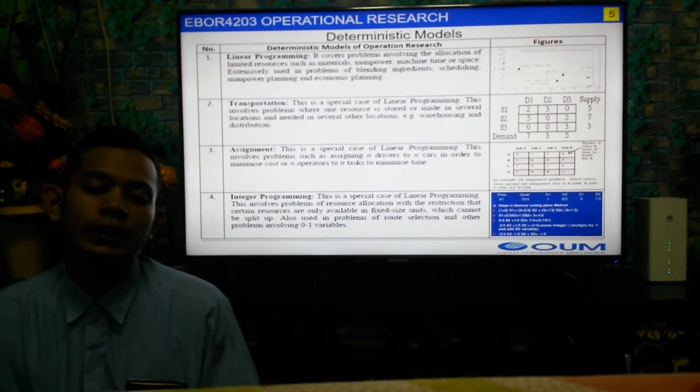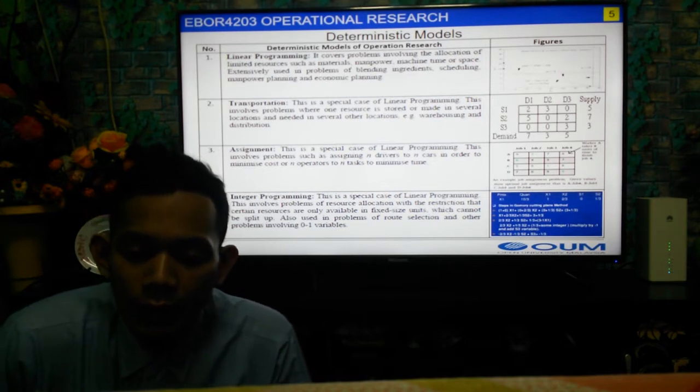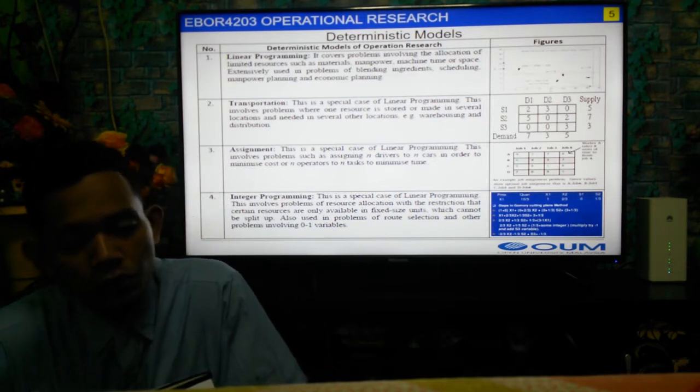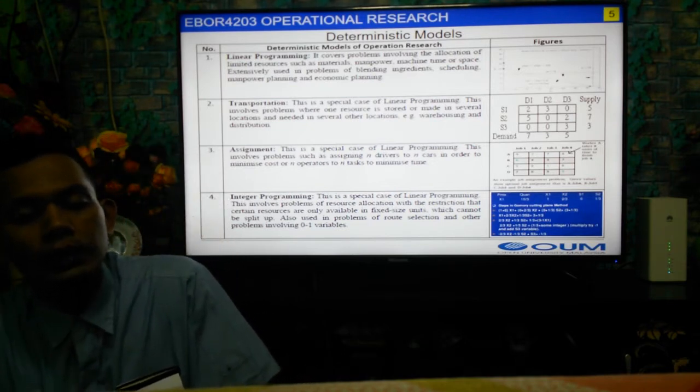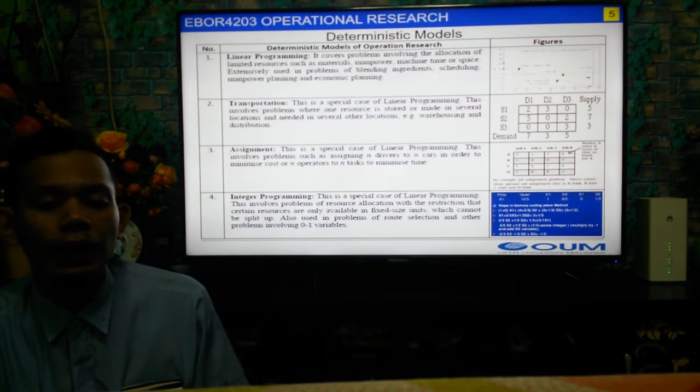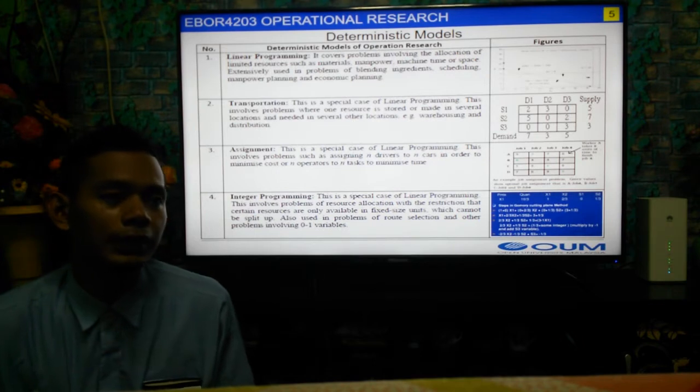The third example is assignment, also a special case of linear programming, involving problems such as assigning n drivers to n cars in order to minimize cost, or n operators to n tasks to minimize time.